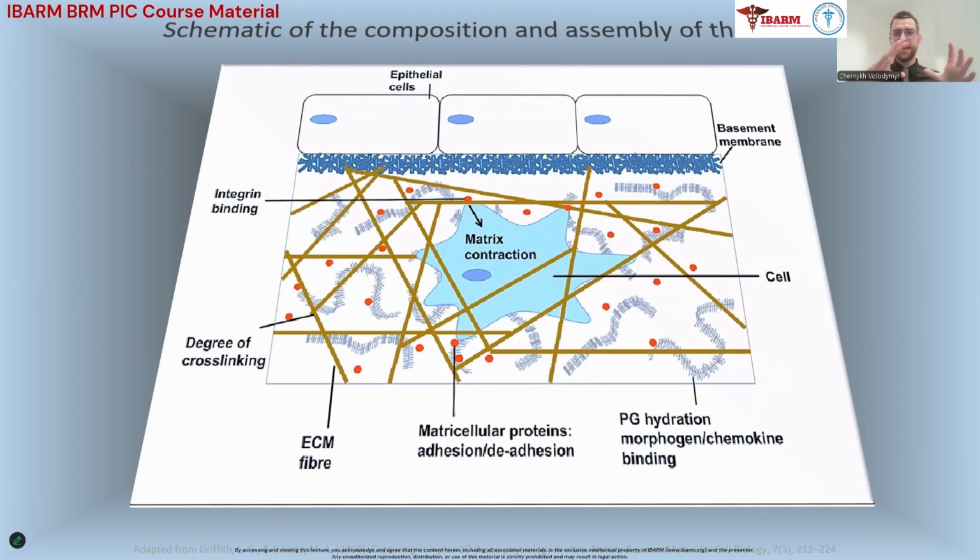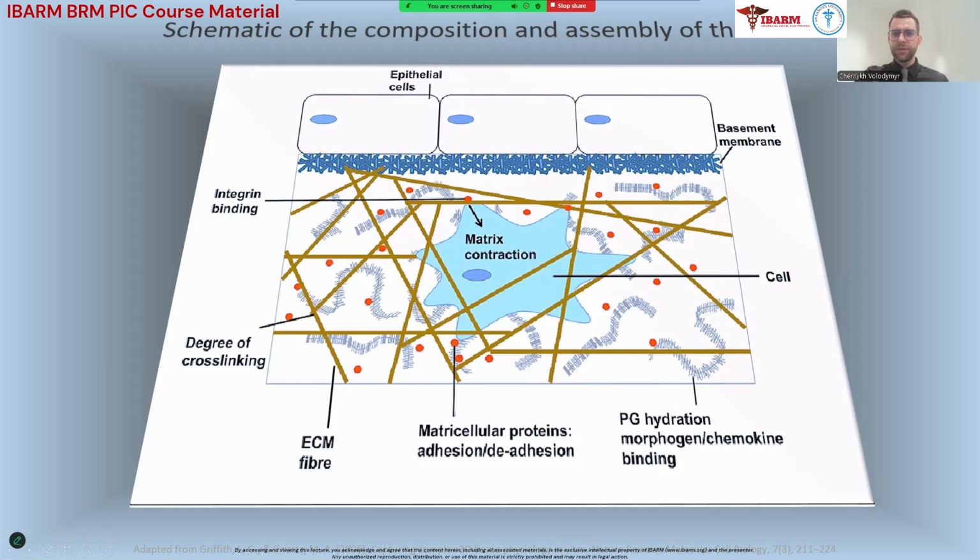Here you see the cell in the context of its environment. There are two main types of ECM: the interstitial connective tissue, as you see it over here, and the basement membrane. As you see, the basement membrane is here on top of the interstitial connective tissue.